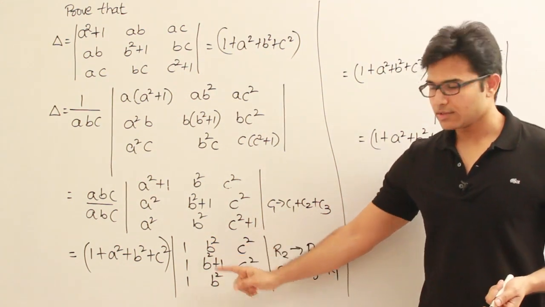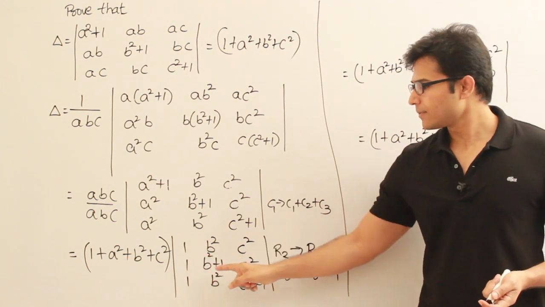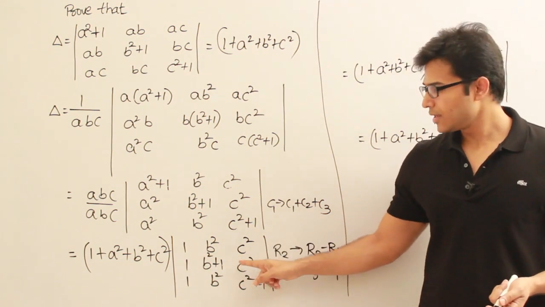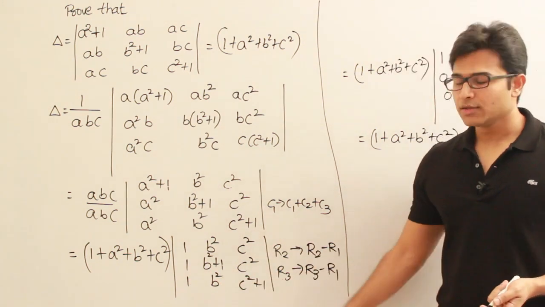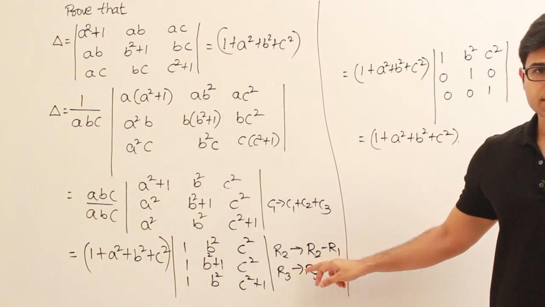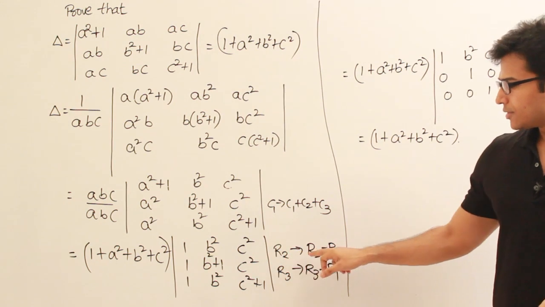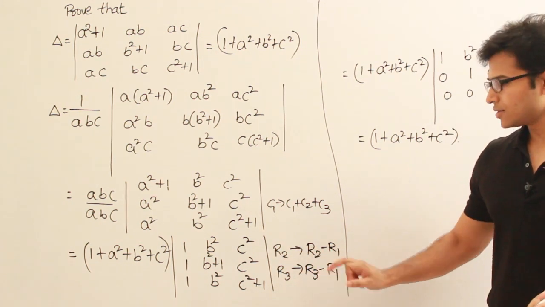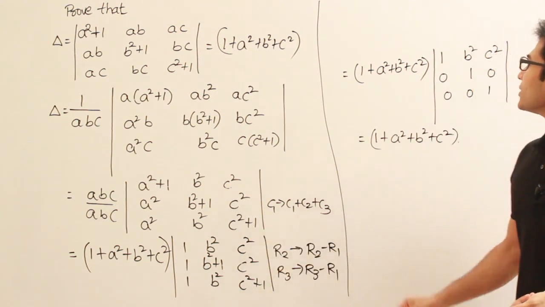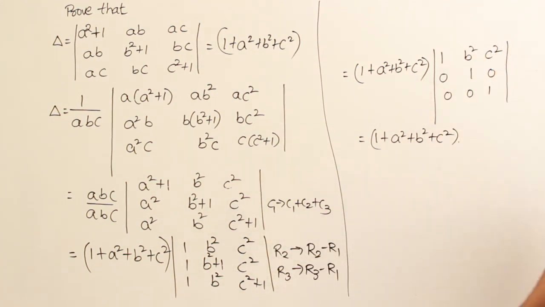I get 0 here and then 1 here and then 0, and if I do the same here, I get 0 here, 0 here and then 1. So R2 is replaced with R2 minus R1 and R3 is replaced with R3 minus R1. If I do that, I am going to get this one.